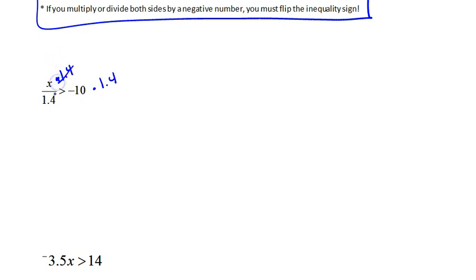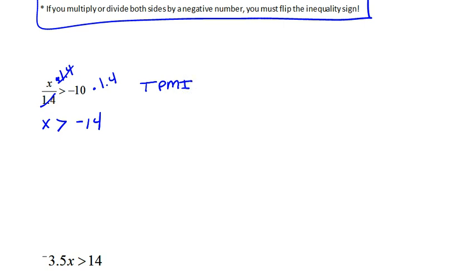Over here, these will cancel out, and I'm left with x is greater than, I do have a negative 10 times 1.4, so I'm going to get negative 14 as my answer. Even though 10 was negative, I don't need to flip my sign because I multiplied both sides by a positive integer. This would be the transformation principle of multiplication for inequality.